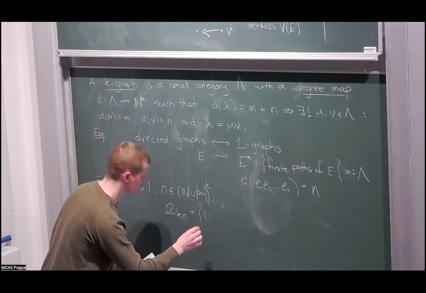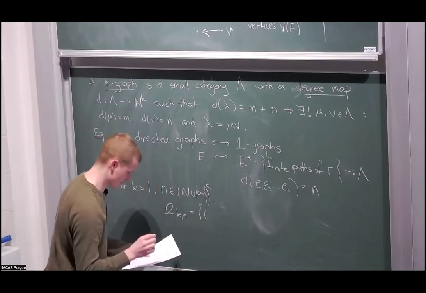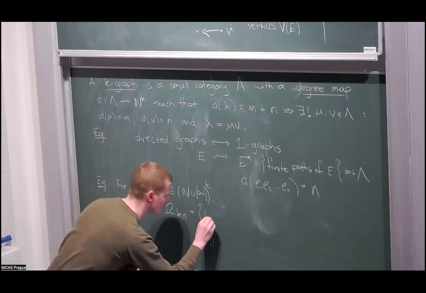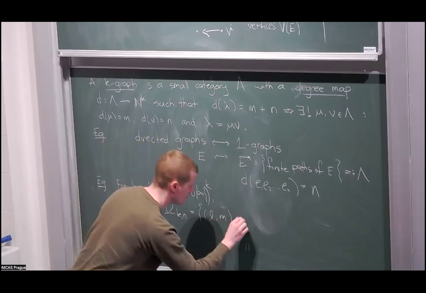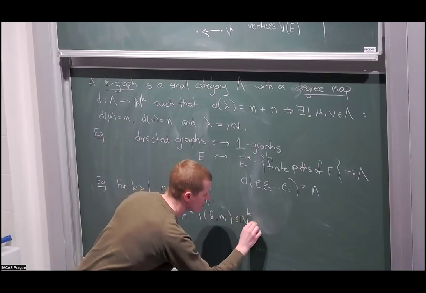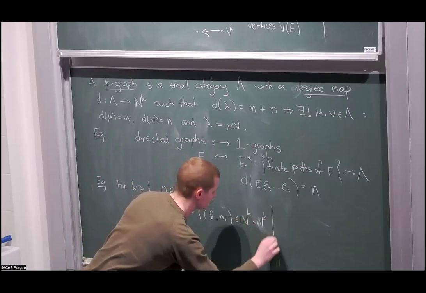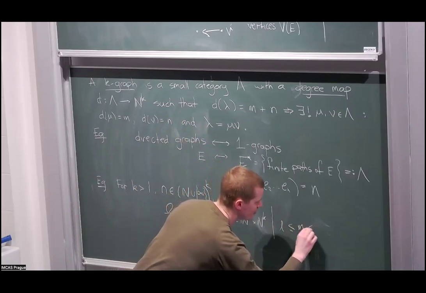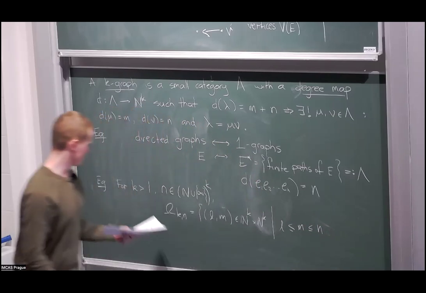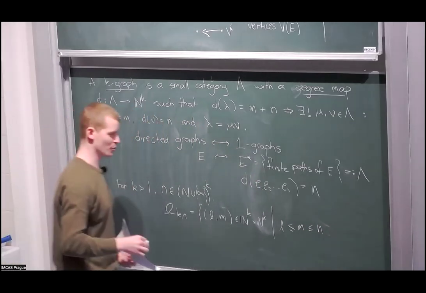So I look at, I'm going to use an L and an M, L, M, in N^k, such that L is less than M is less than this N that I start with, the furthest that I want to go out.